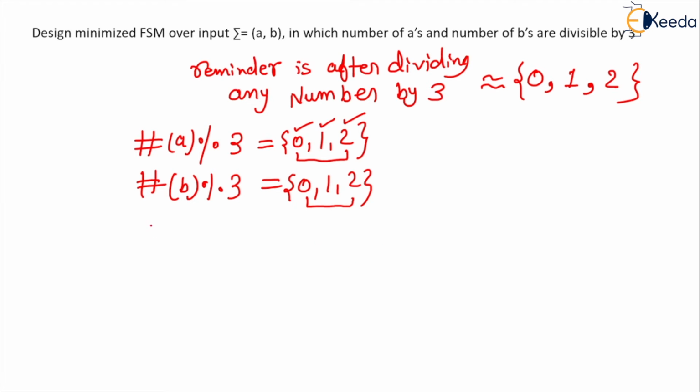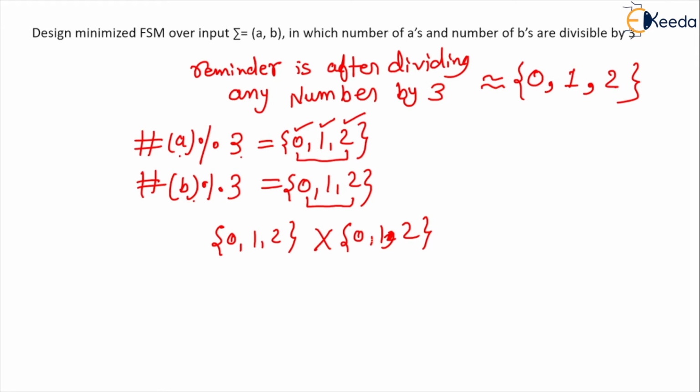So just find the Cartesian product, the cross product, of these two sets. Got it? That means all the combinations of the remainders generated when we divide the number of A's by 3 with all the remainders generated when we divide the number of B's by 3.